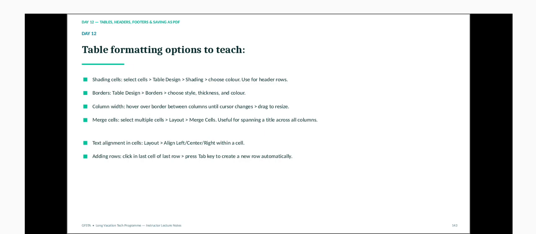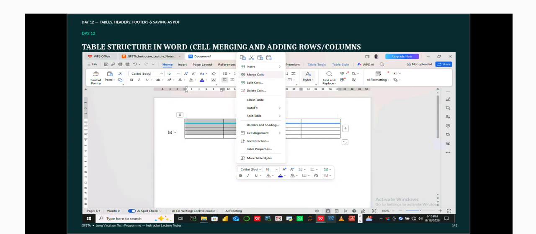Now let's look at the cell merge. To merge cells, you can see some cells were highlighted on the table. After highlighting, you right click, and then you see Merge Cells, and click on it.